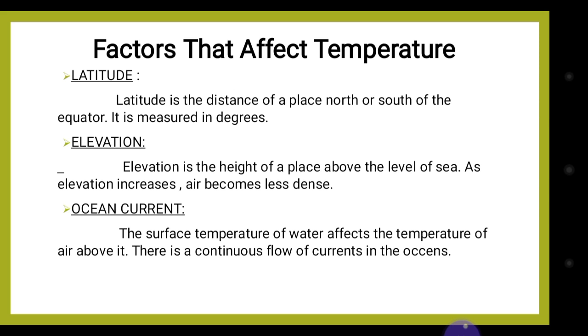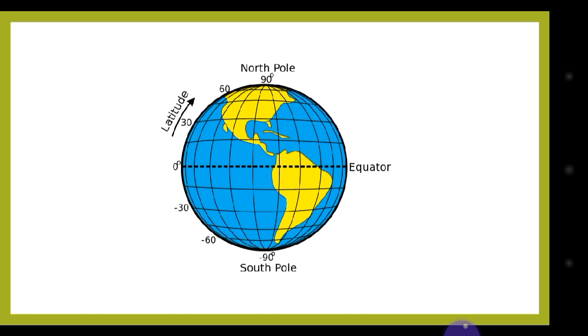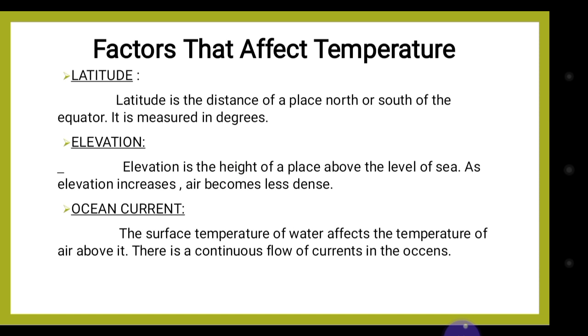The second factor is elevation. Elevation is the height of a place above the level of the sea. As elevation increases, air becomes less dense. It means that it contains fewer gas molecules, and the gas molecules are spread far away.